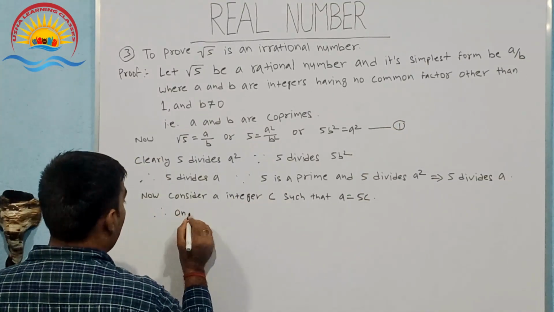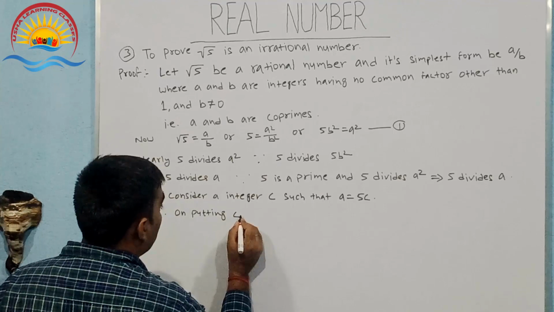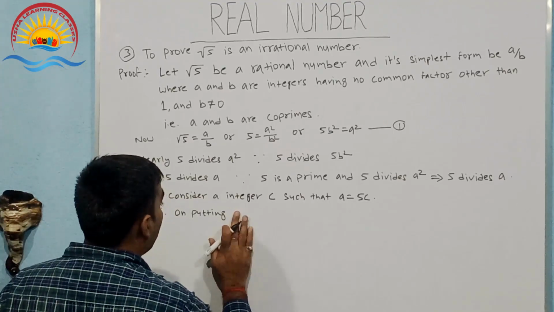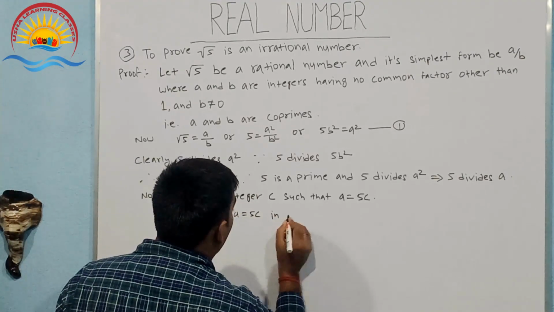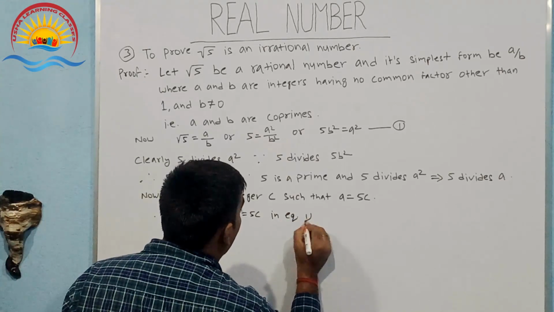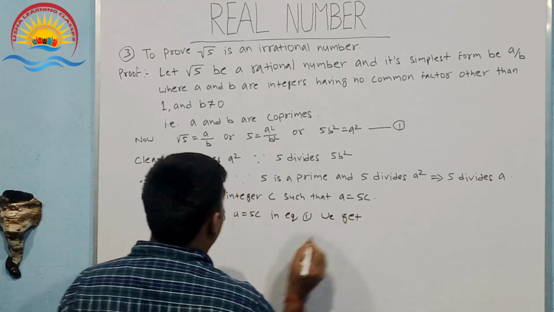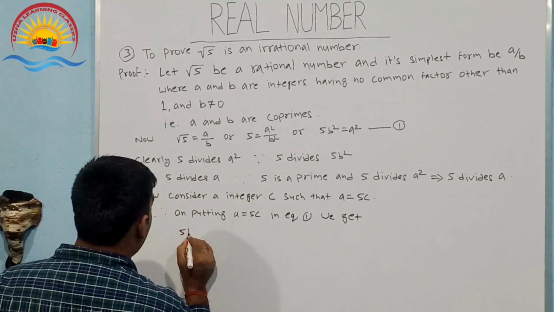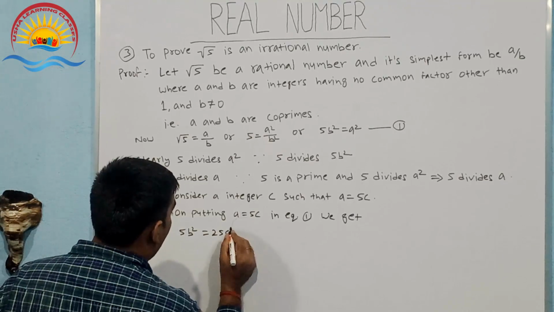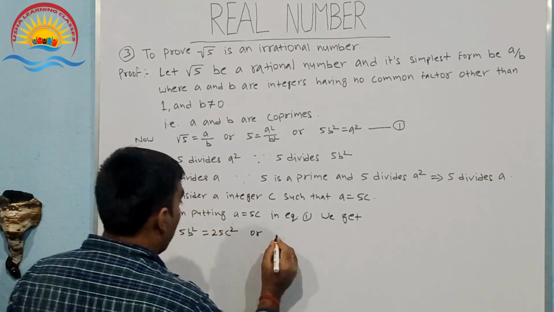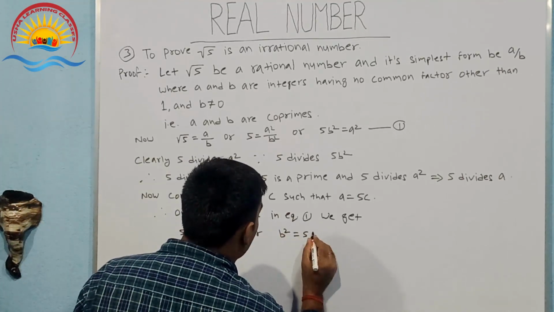Therefore on putting a equals 5c in equation 1, we get 5b square equals 25c square, or b square equals 5c square.